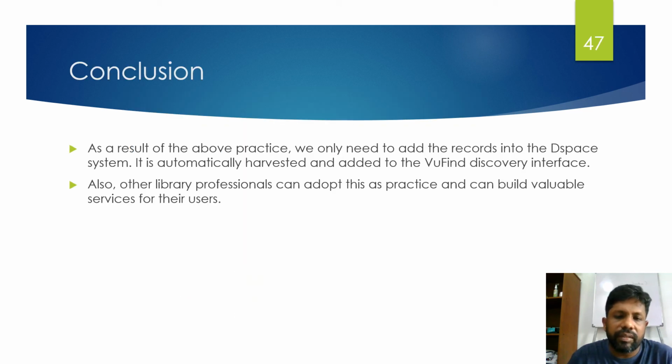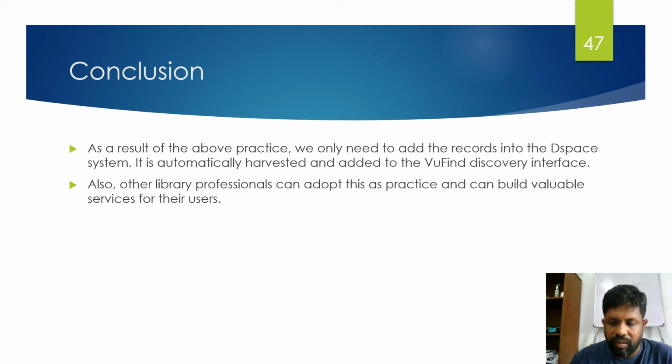As a conclusion, as a result of this practice, you only need to add a record in your DSpace repository system. After that, it will automatically be imported to your OAI-PMH interface. Then it will automatically be harvested by the VuFind interface and automatically indexed into the search interface also.